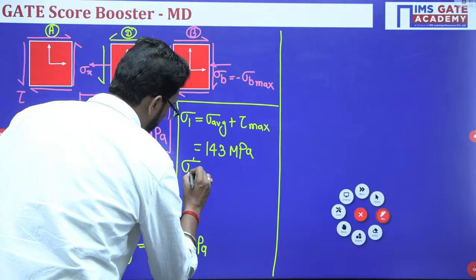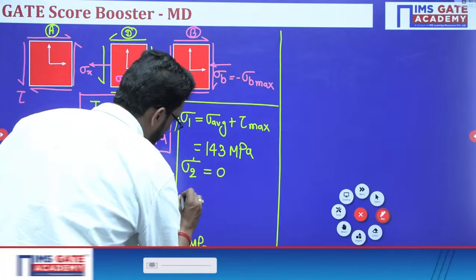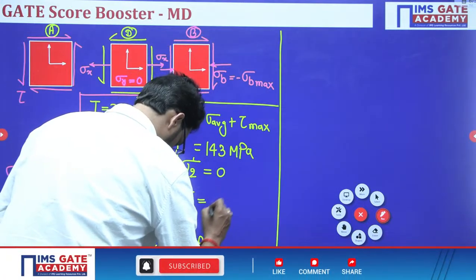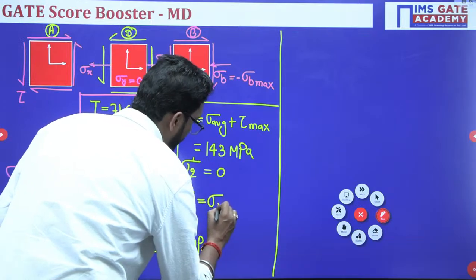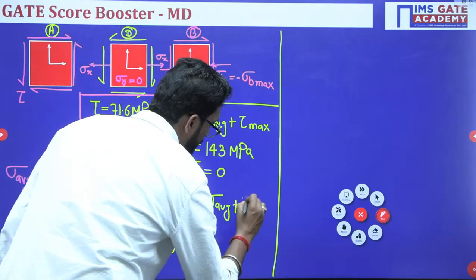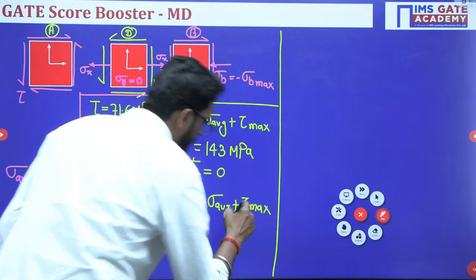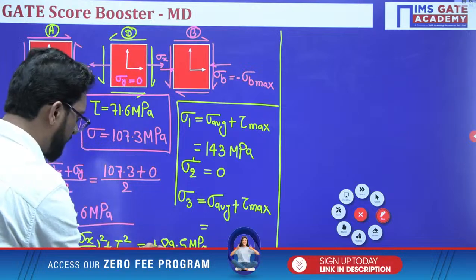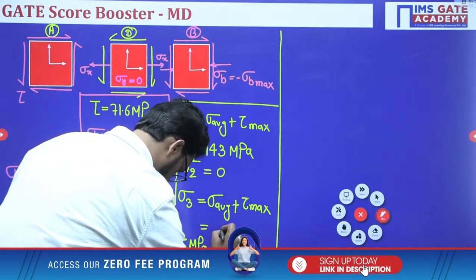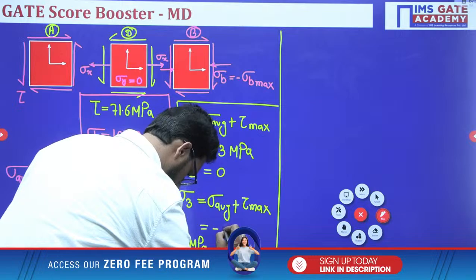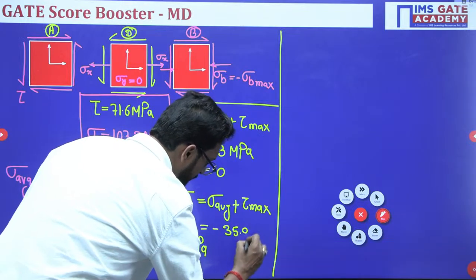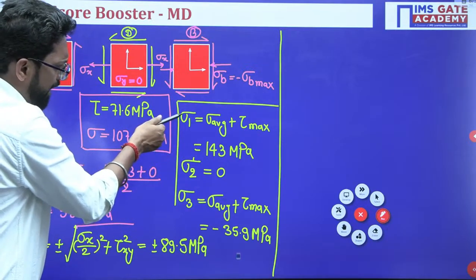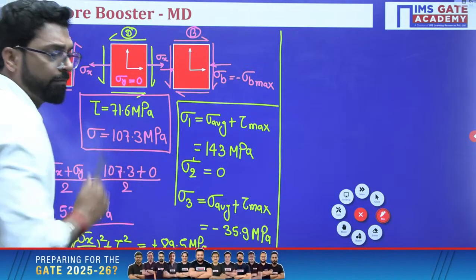Let's suppose sigma 2 is equal to 0, and sigma 3 is the minimum, which is sigma average minus tau max. So it will be minus 35.9 megapascal. So this is your maximum and this is your minimum.